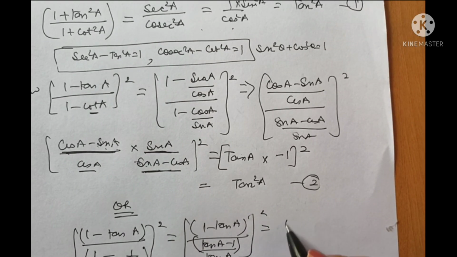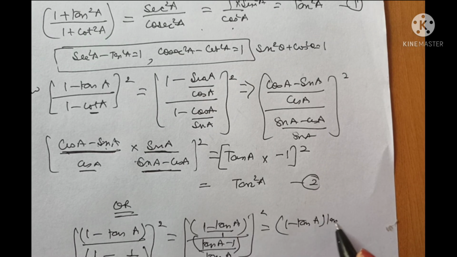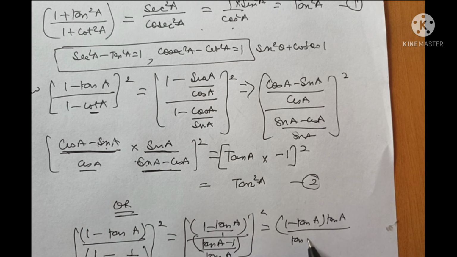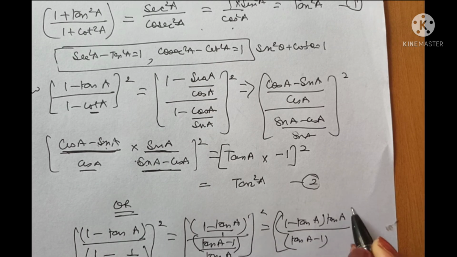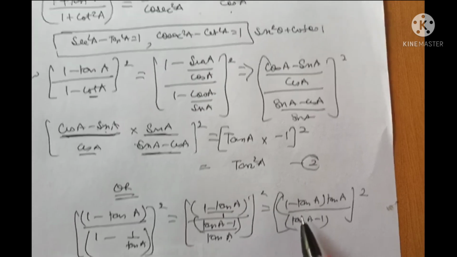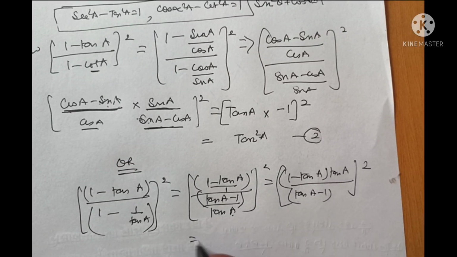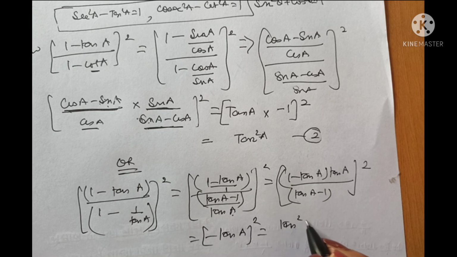So now rearrange. 1 minus tangent A over 1. So this will be multiplied with tangent A and 1 will be multiplied with tangent A minus 1 and a whole square. Now again the same thing. These are exactly negative of each other. So I get minus tangent A whole square, which is equal to tan square A. So name it as 2.